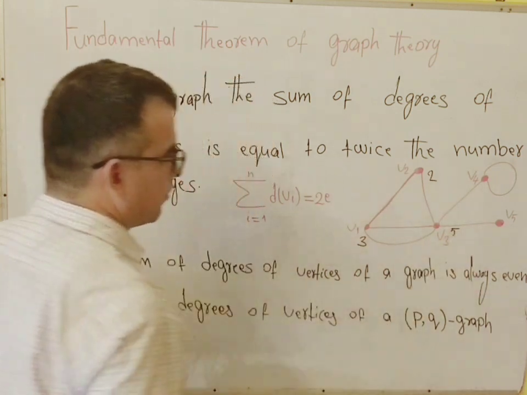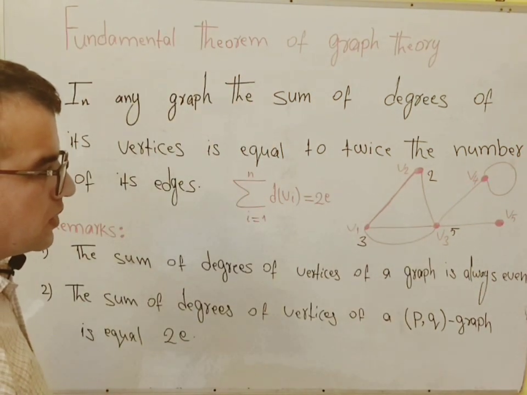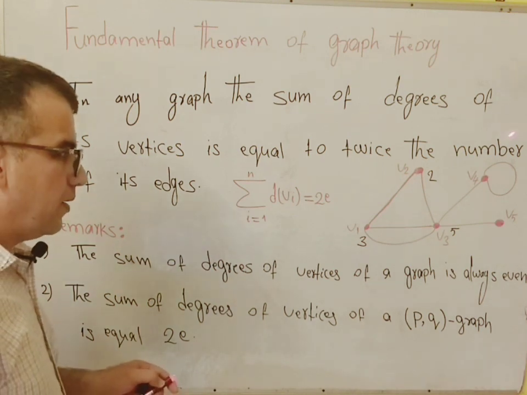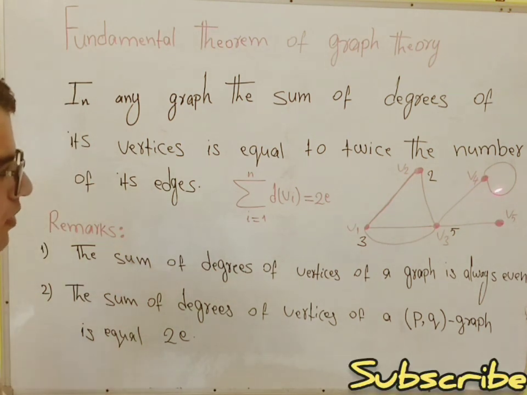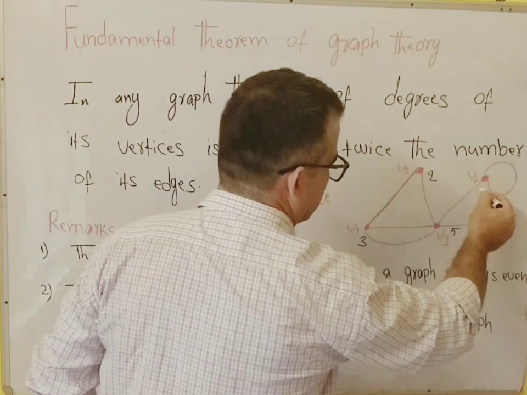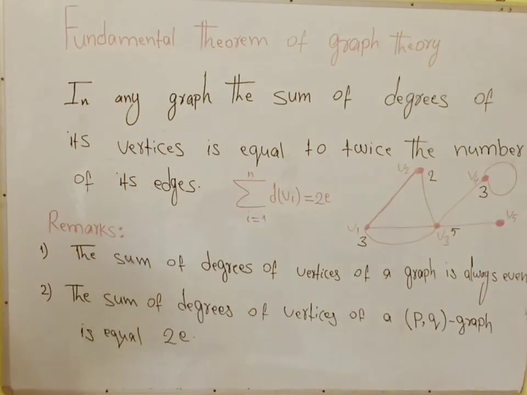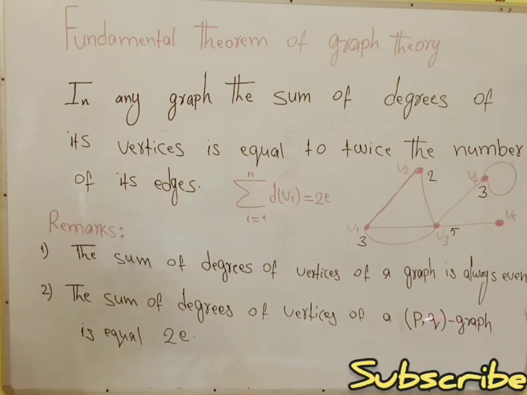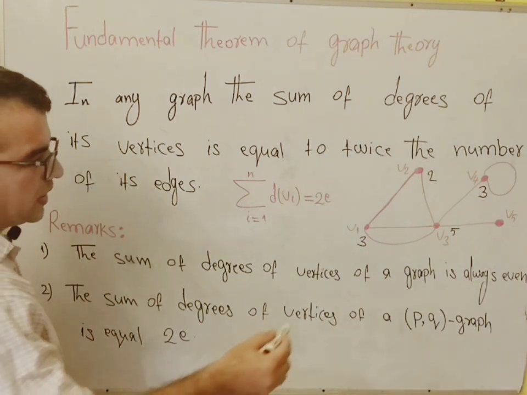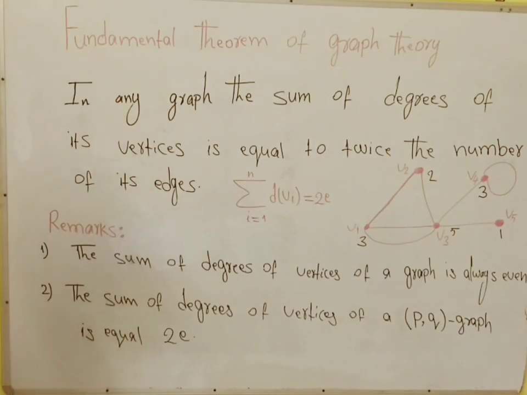The degree of vertex number 4 is 3, because in counting the degree of a vertex, loops are counted twice. And vertex number 5 is a pendant vertex. The degree of a pendant vertex is always 1.